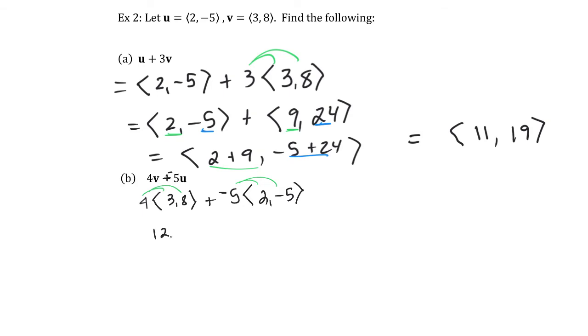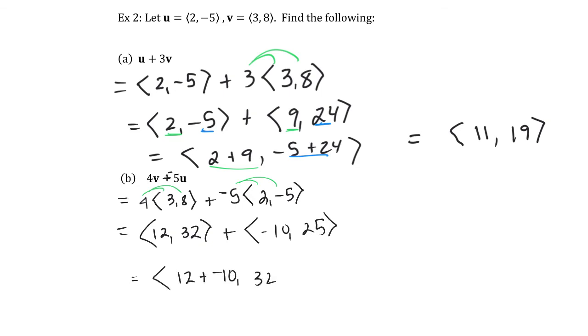So I've got 12 and 32, and I'm adding negative 10, 25. And then we just add our x components, so 12 plus a negative 10, and then add our y components, 25 plus 32. And so our new vector is at positive 2 and 57.